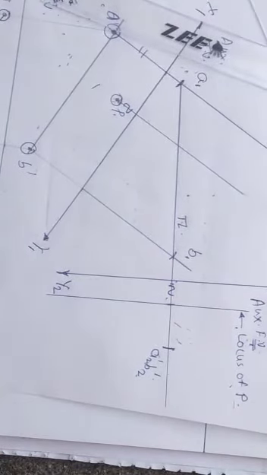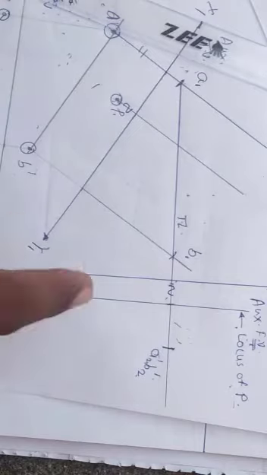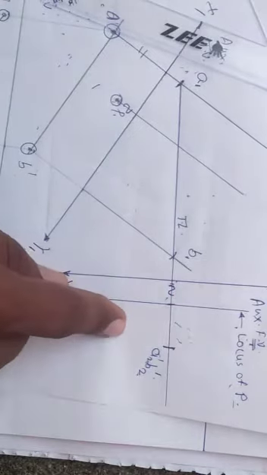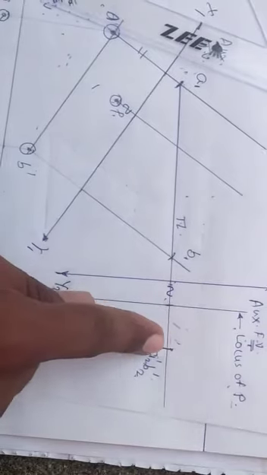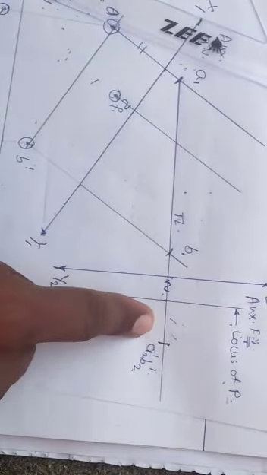Now see here, they have given the true length of line PQ as 25 mm. We have seen in the previous problem, in perpendicular line problems, after x2, y2 we get the true length of the second line. Here the second line is PQ, so we should get the true length of line PQ after x2, y2.